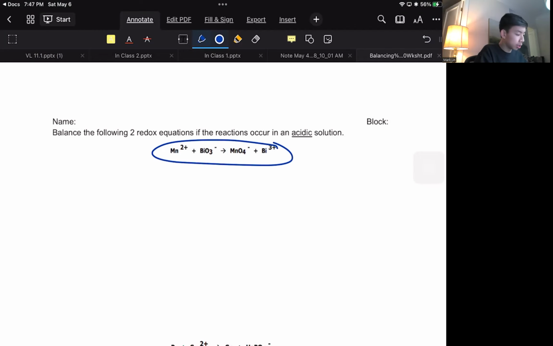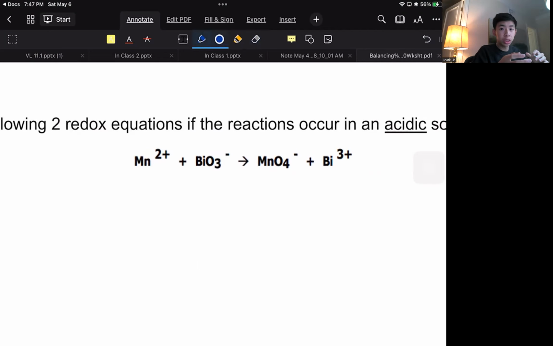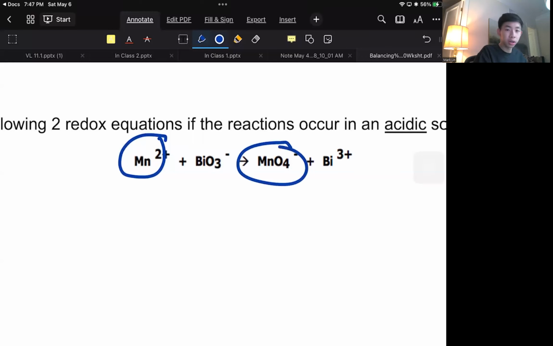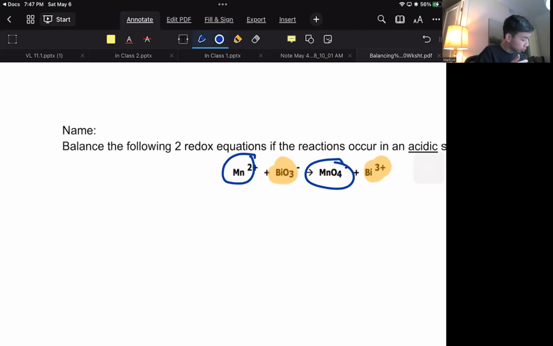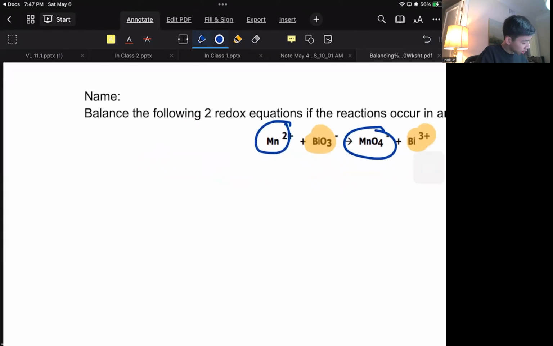The way you break them up is you notice which two are the same. So MnO4, that's one of them. BiO3 and Bi, that's the second one because they're similar. Hopefully that's not too hard. But yeah, let's write that out.